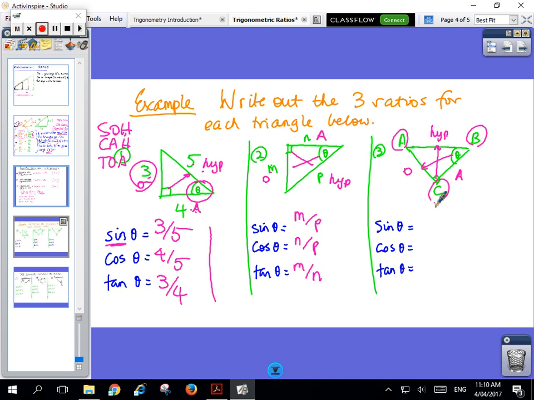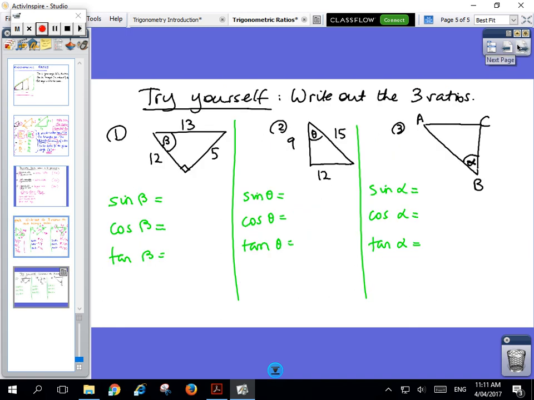So sine is AC over AB, cos is adjacent BC over AB, and tan is opposite AC over adjacent BC. So copy that down, and then come across when you're ready. Okay, so practice those yourself. This is the last slide, so when you're ready, come back live.